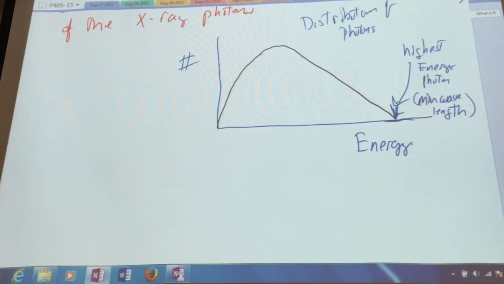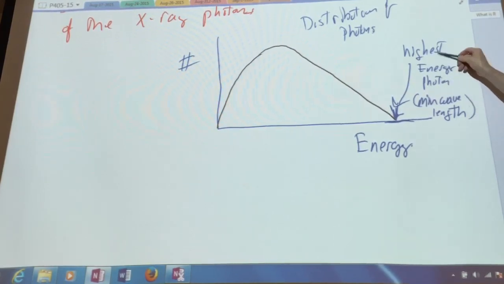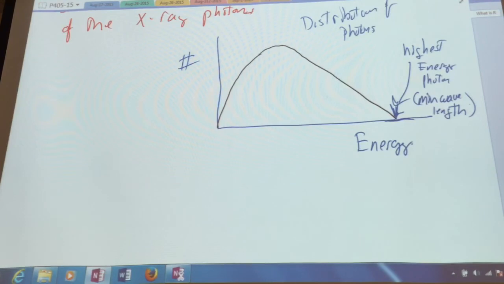The peak? The peak. This highest energy photon is related to the peak voltage.